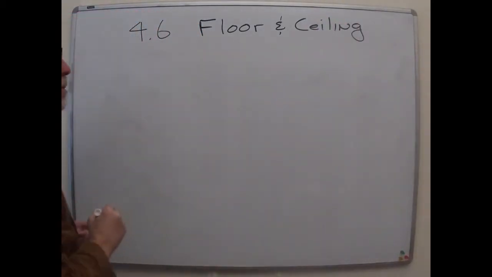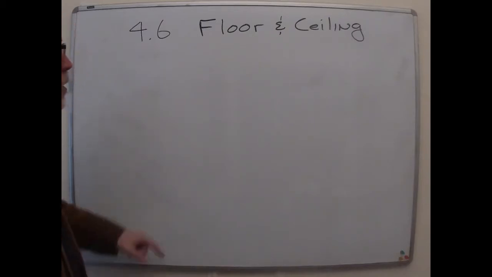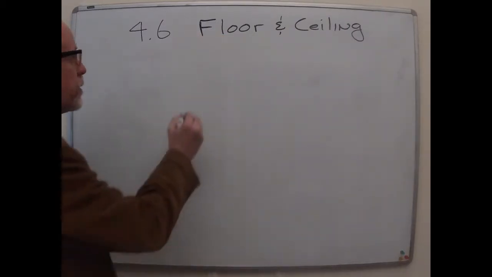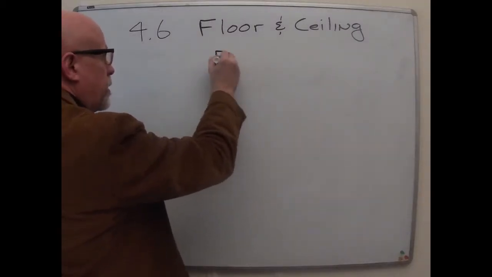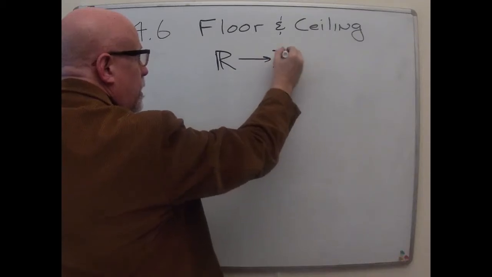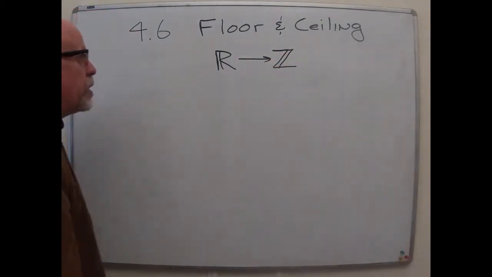These are two different functions that are related to one another, but they go from the real numbers to the integers. So in terms of the range and domain, the reals are the domain and the integers are the range.